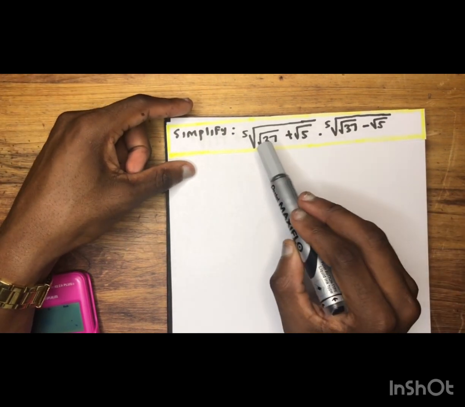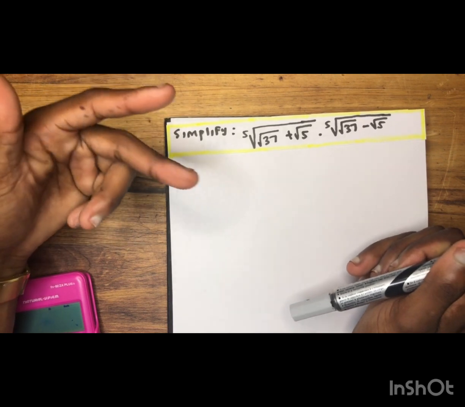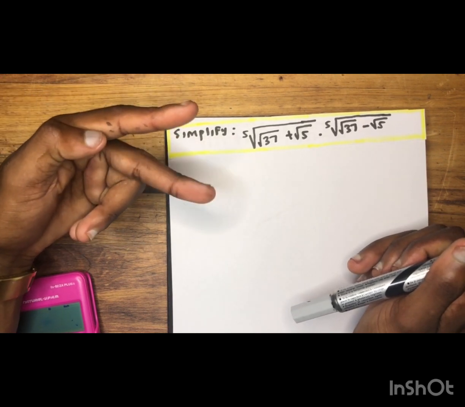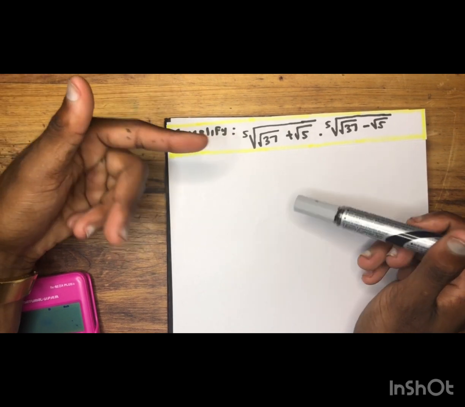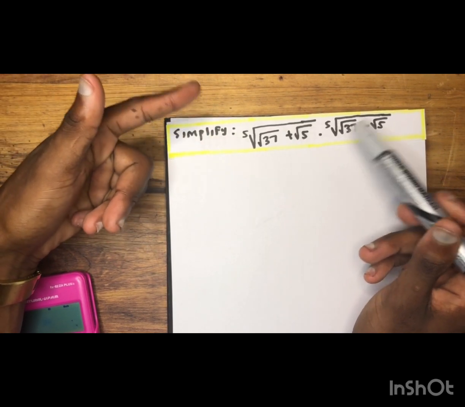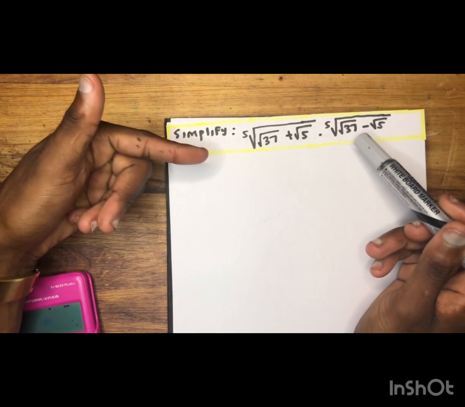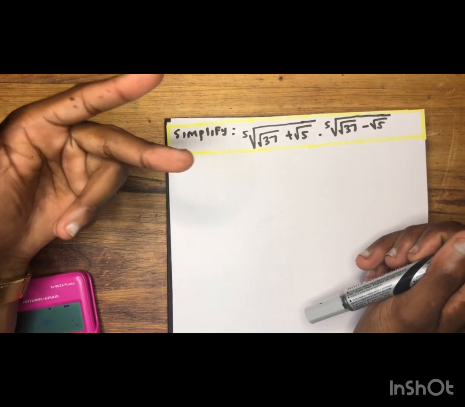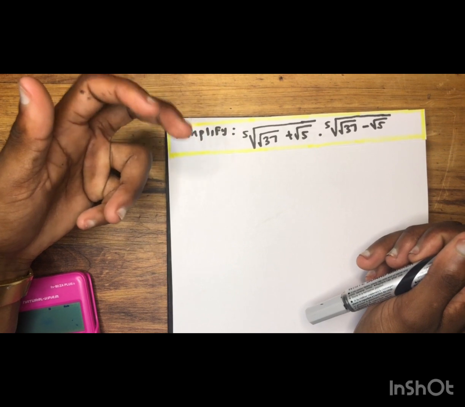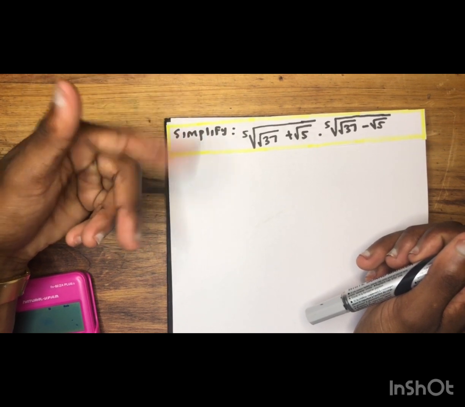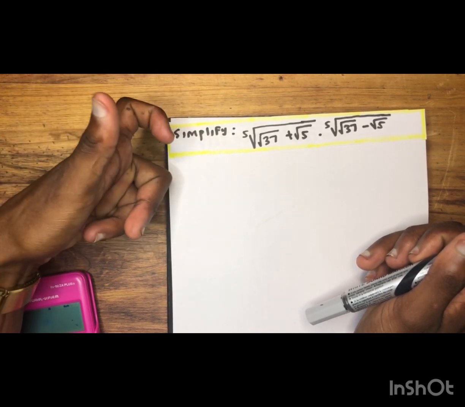Law 1 says that whenever you are multiplying two sets and you have the same root, you take one root and multiply what you have inside. And law 2, which is division, says that when you divide two roots and your roots are the same, you take one root and divide what you have inside.